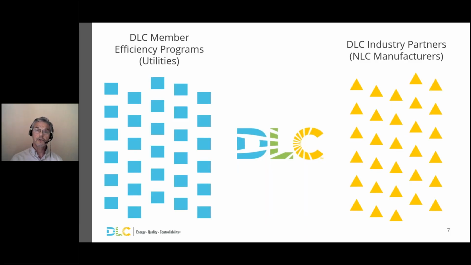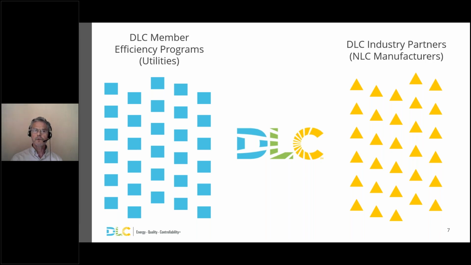Which brings us to the DesignLights Consortium, or DLC. The DLC helps our member efficiency programs and industry partners work together more smoothly. If every efficiency program had unique requirements about what kind of product can qualify for efficiency incentives, then most manufacturers could only afford to qualify for 1 or 2 incentive programs, not dozens of them across North America.